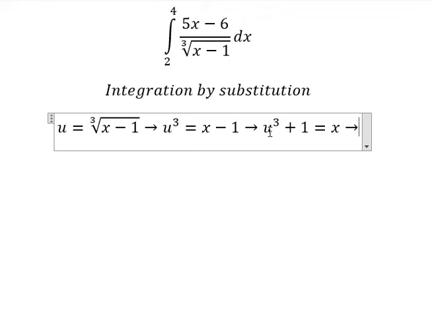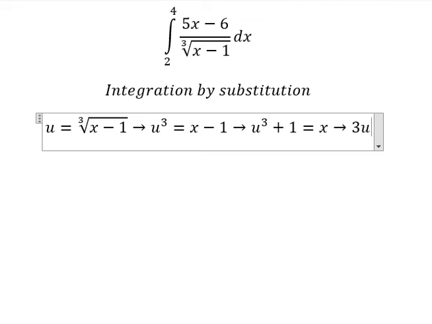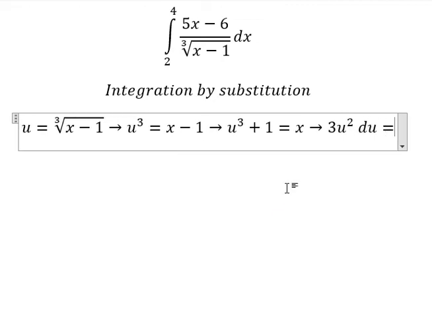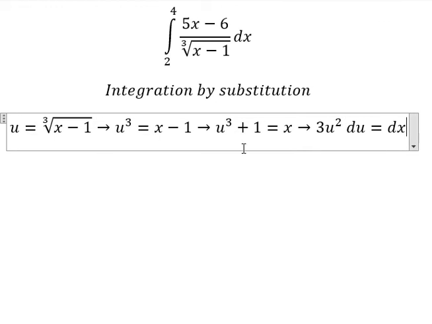Next, we need to first take the derivative of both sides, and we have 3u squared du. This one we have 1, so we put the s. This one is a constant, so you get 0.